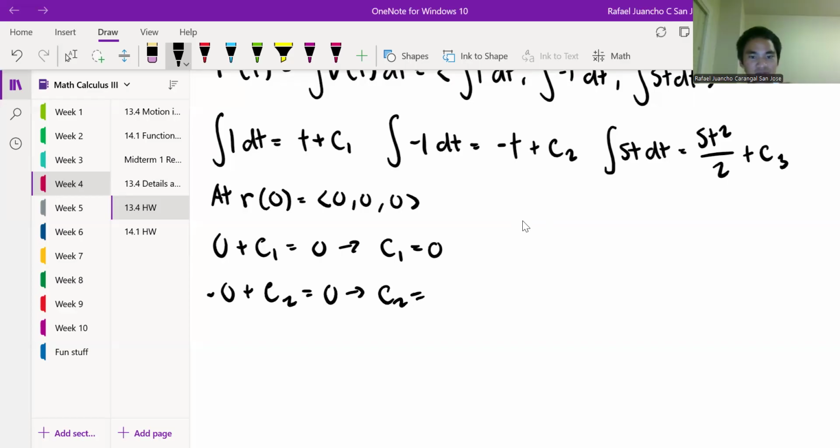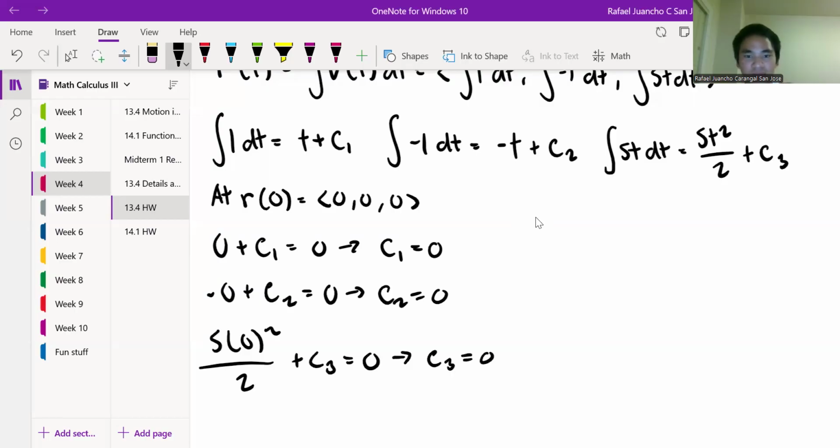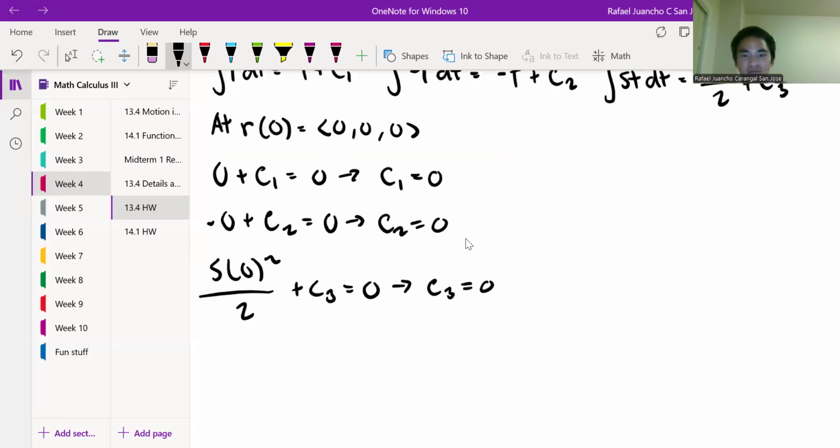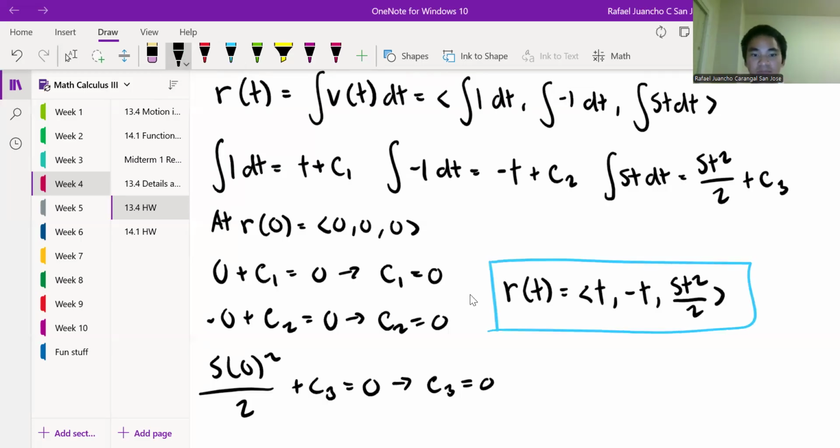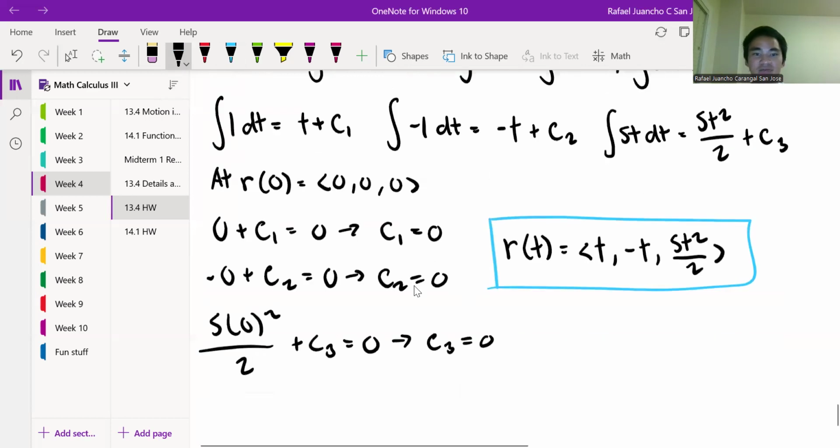So my C2 is 0. And lastly, my 5, plug in my 0, plus C3 is also 0. And so this means my r of t is just t, negative t, 5t squared over 2. That's it. Done. Since all my constants are 0, I don't really care to put them in.